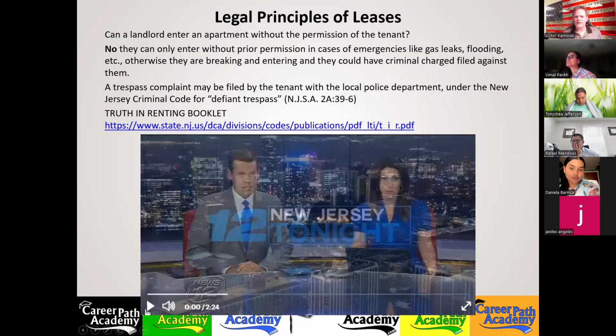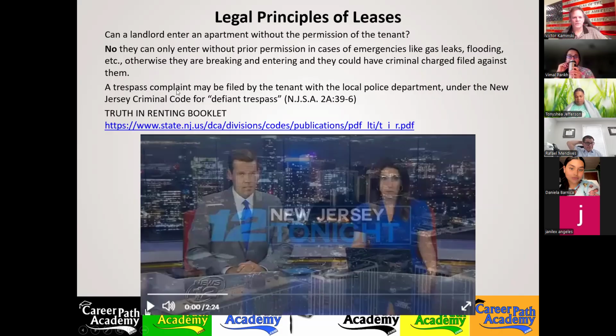Hey, we're going to be spraying for insects or putting down traps for mice or whatever it is, or doing maintenance of any other kind, they have to give you advance notice of that. They can't just use their pass key to walk into your apartment anytime they want and surprise you when you come out of the shower. They have to give you advance notice. Otherwise, they're breaking and entering, and you could charge them with that.